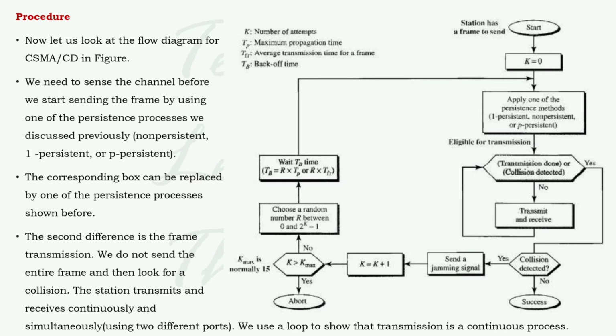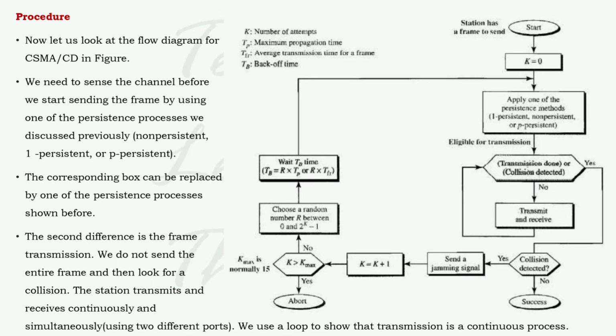Next, we can go through the algorithm of CSMA/CD. Here you can see the figure for CSMA/CD. The station has a frame to send, so it will start, and we set a variable k equal to 0 and apply one of the persistence methods.